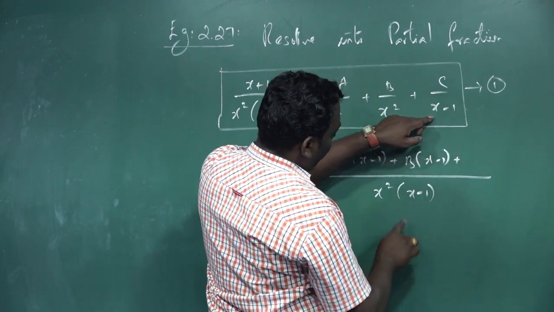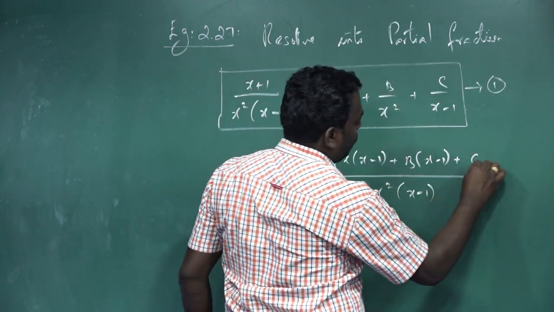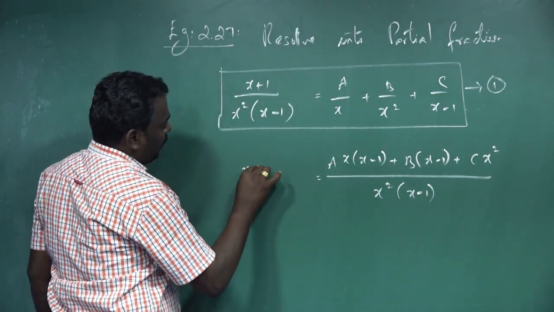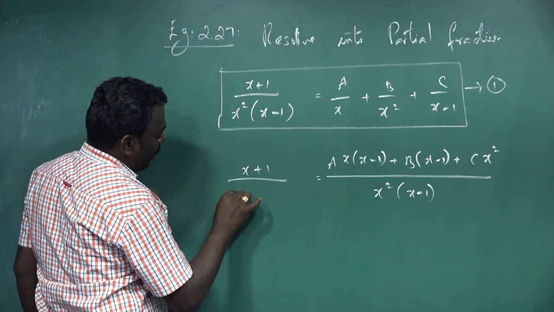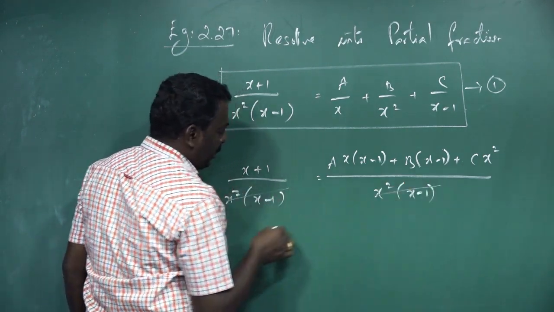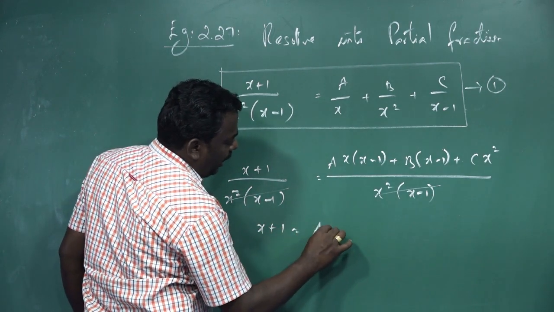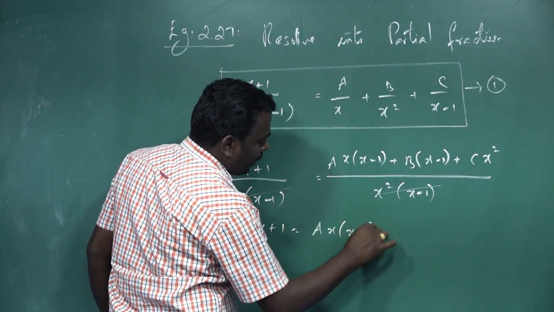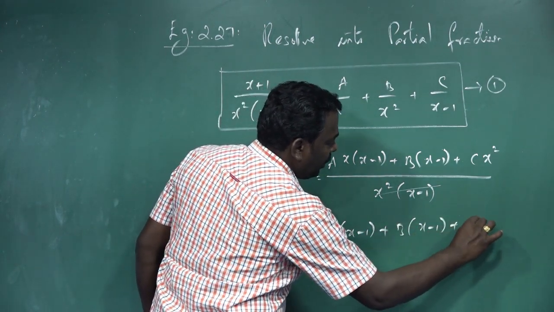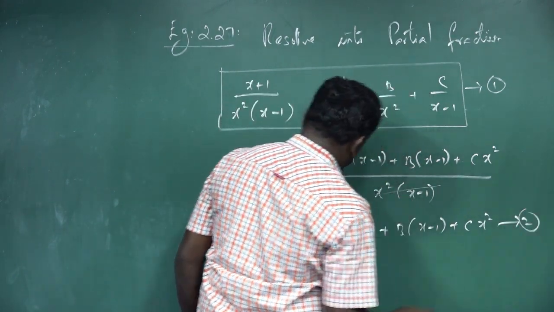Plus c, we have one factor x minus 1, just we have to multiply c with x square, therefore c into x square. Now on the left hand side, x plus 1 by x square into x minus 1, both have the same denominator, both are cancelled, remaining x plus 1, that is equal to a x into x minus 1 plus b into x minus 1 plus c into x square remaining. This equation we define as equation 2.